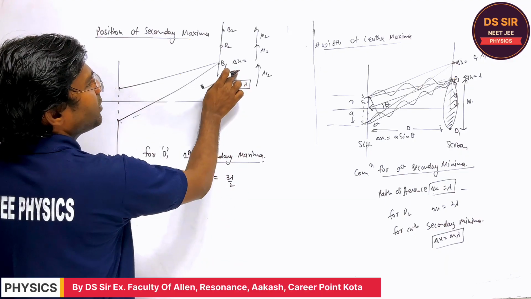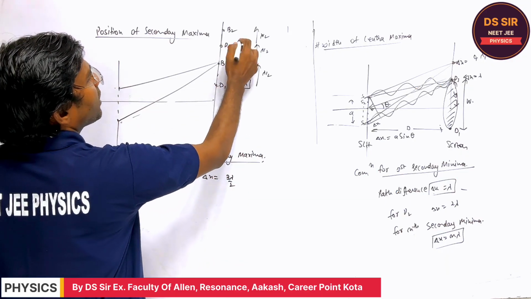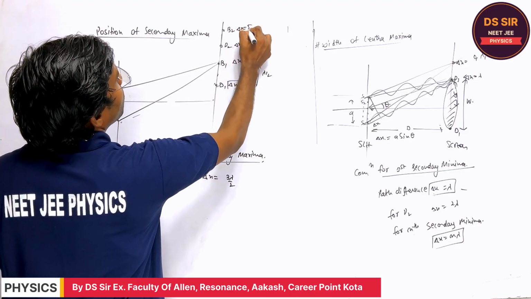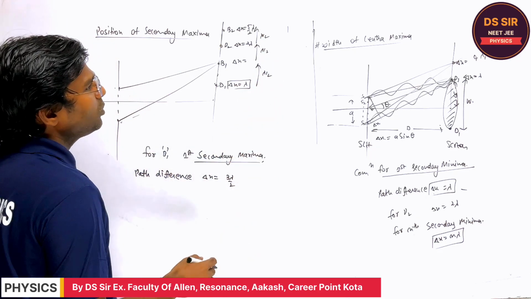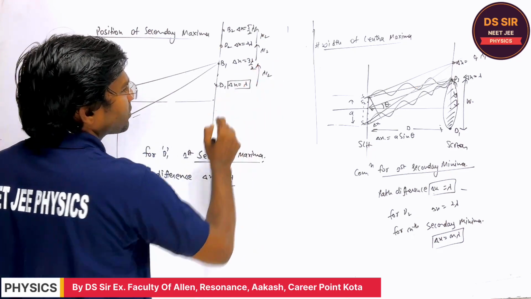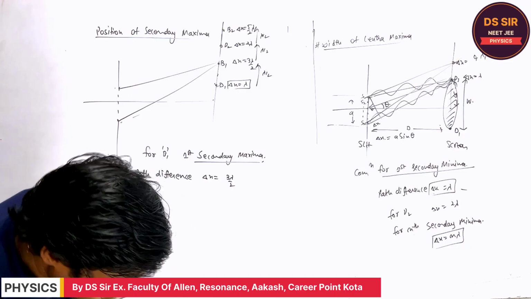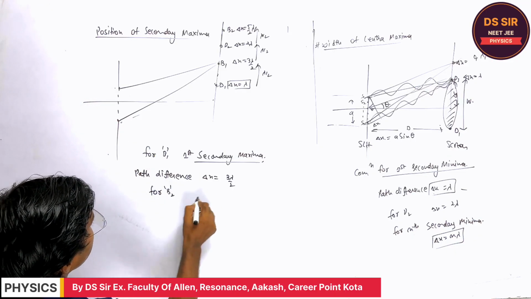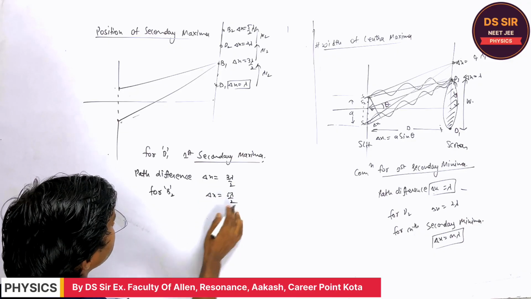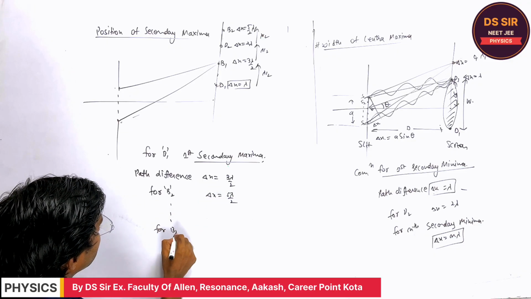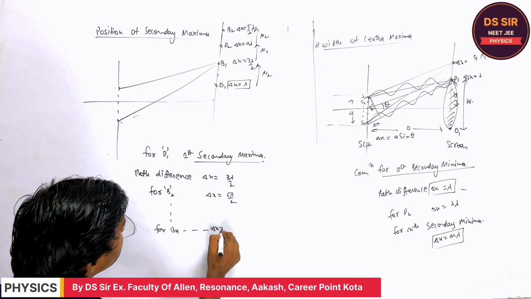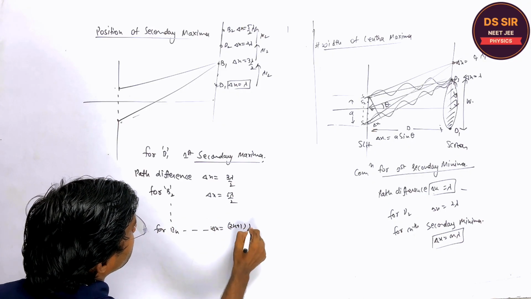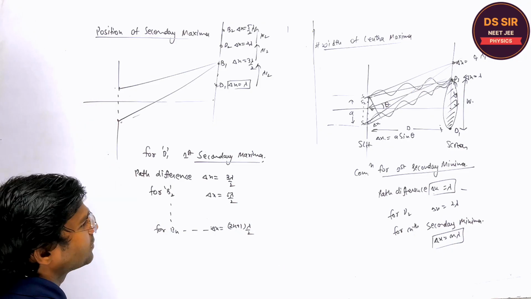If it is lambda, then lambda by 2 more is 3 lambda by 2, then the delta x over here will be 2 lambda, then 5 by 2 lambda. Lambda by 2 will be added. Is it clear, Sanjay? So for B2, what is the path difference? For Bn, what is the path difference? It is 2n plus 1 times lambda by 2. Is it clear or not?